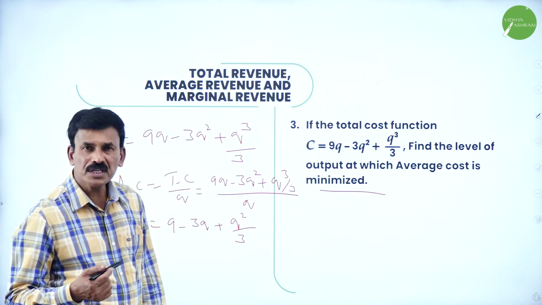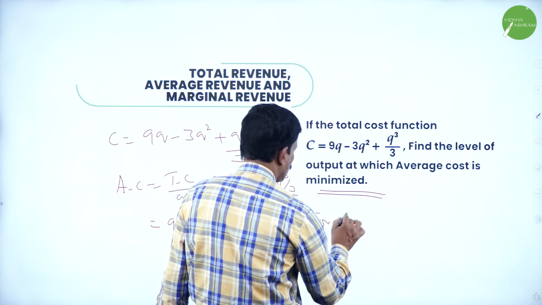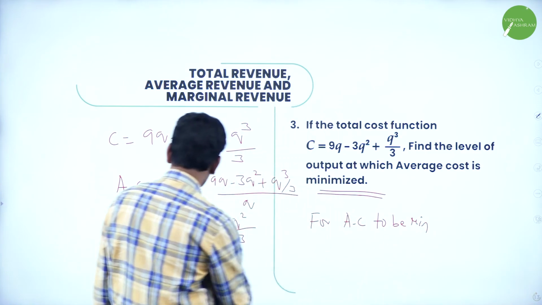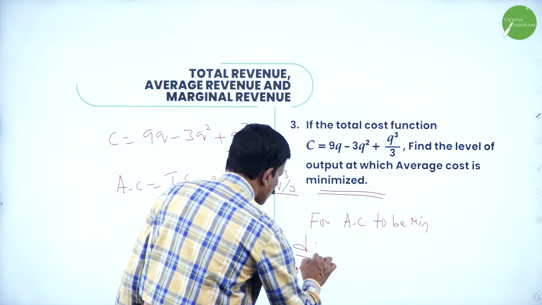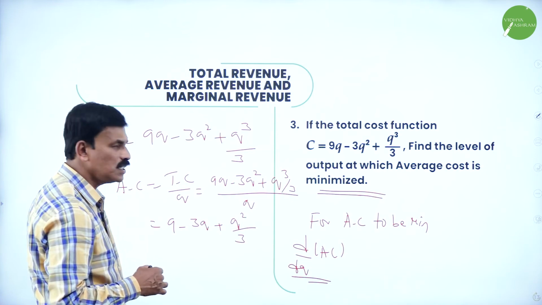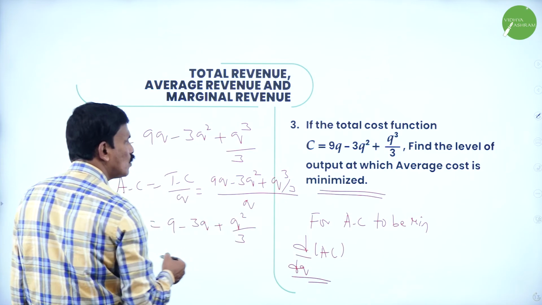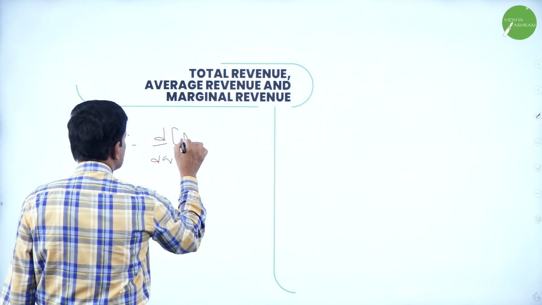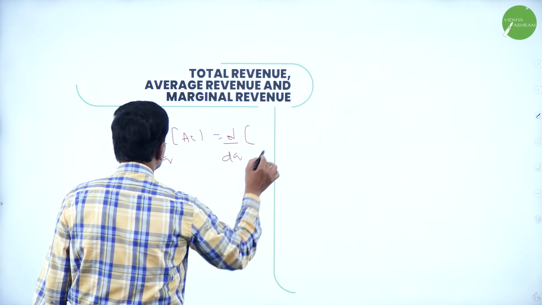Now for the average cost to be minimized, differentiate this AC with respect to Q. d by dQ of AC is equal to d by dQ of the average cost.